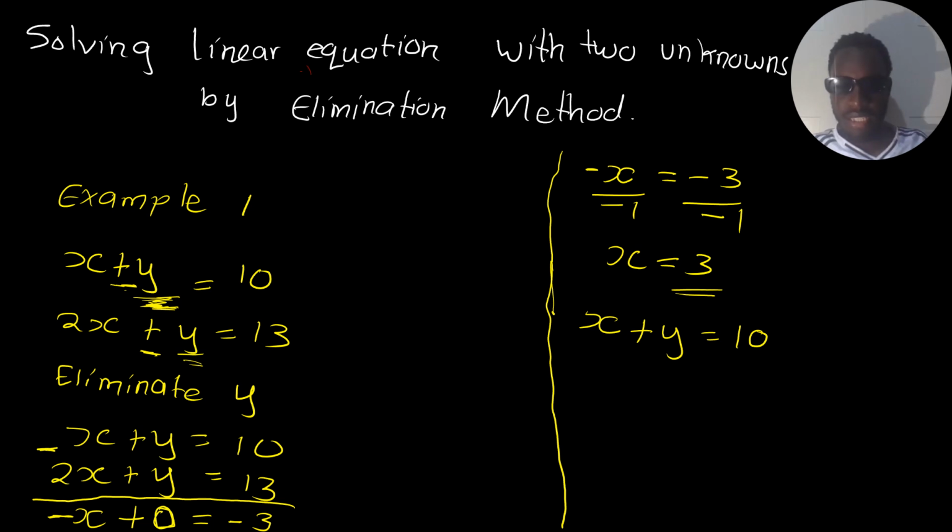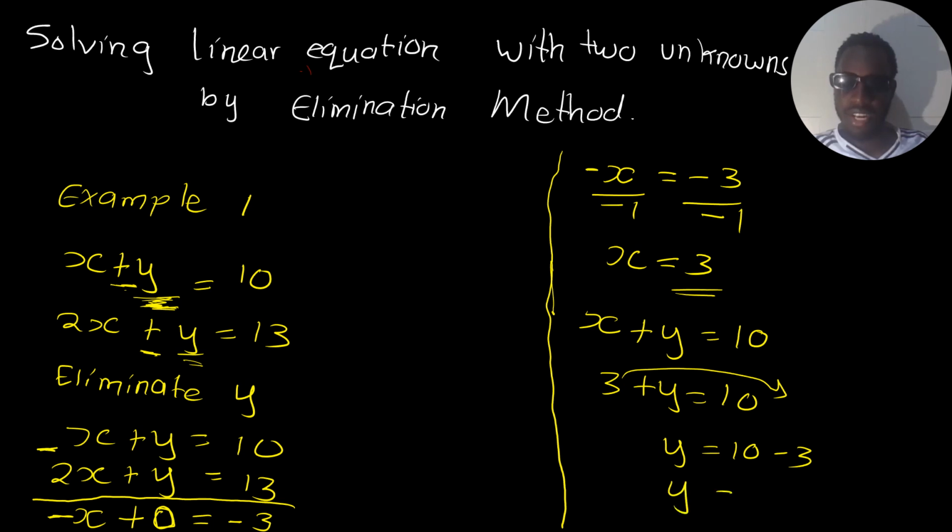So 3 plus y is equal to 10. You take the 3 to the other side of the equal sign, so y is equal to 10 minus 3. So the value for y is 7.